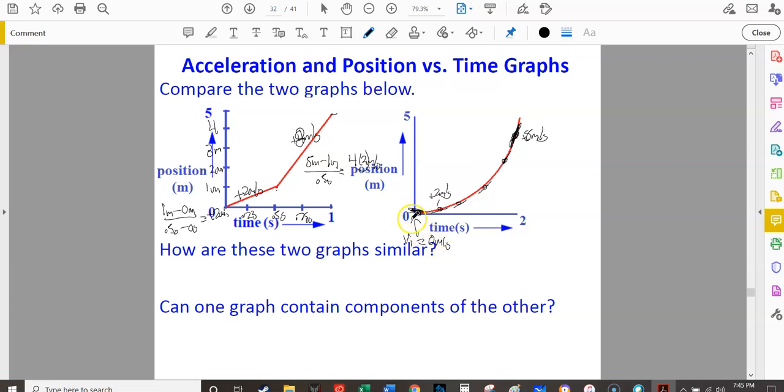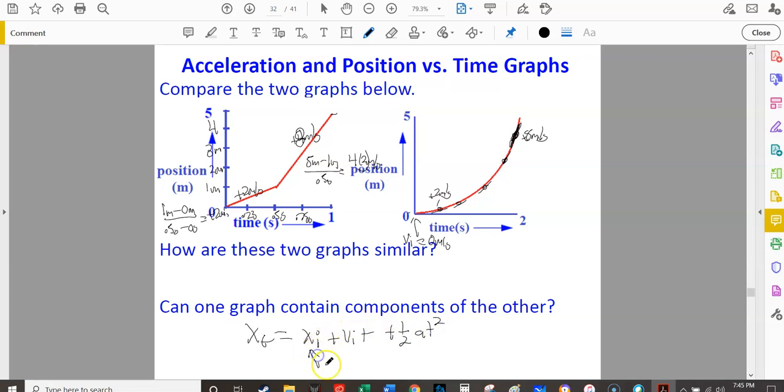So when you're creating these curve fits, in a position versus time graph, if I write the equation here, it's x final equals x initial plus v initial t plus 1/2 a t squared.